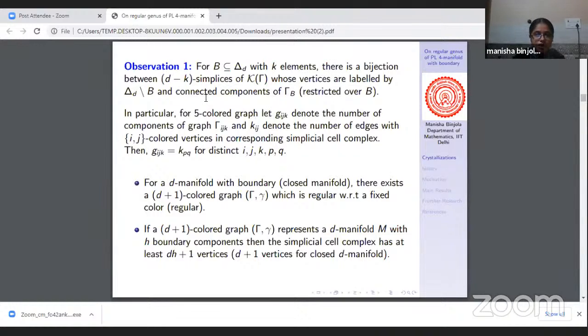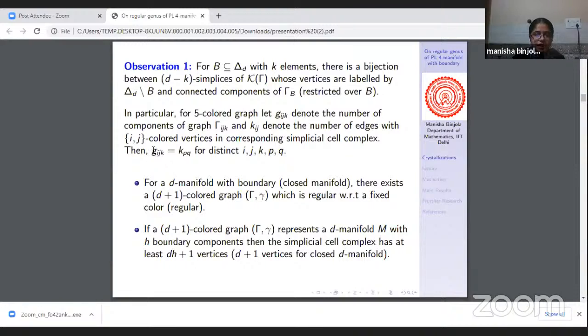Now this observation states that Gijk equals Kpq. That is, G with suffix ijk equals K with the suffix being the complement of ijk. Now suppose we want to look at G of gamma with color C removed.